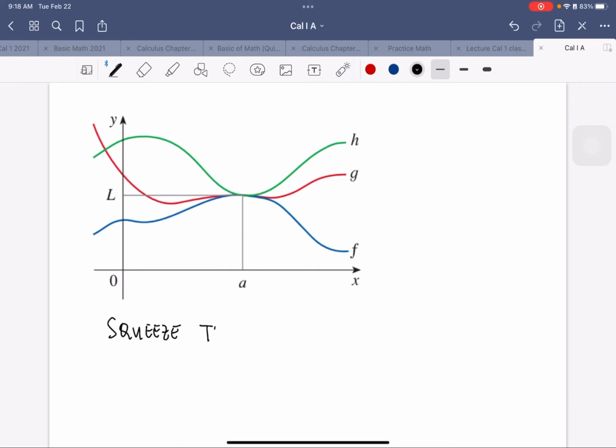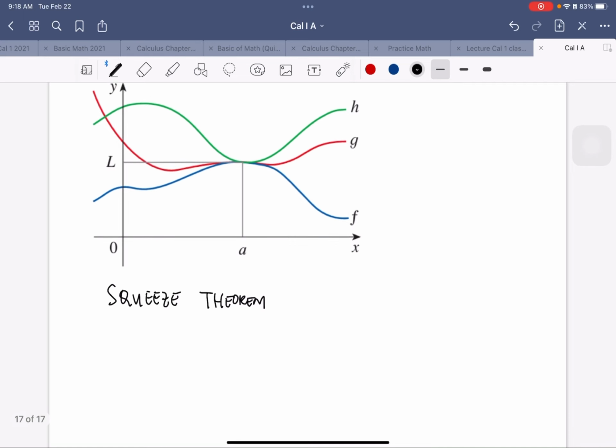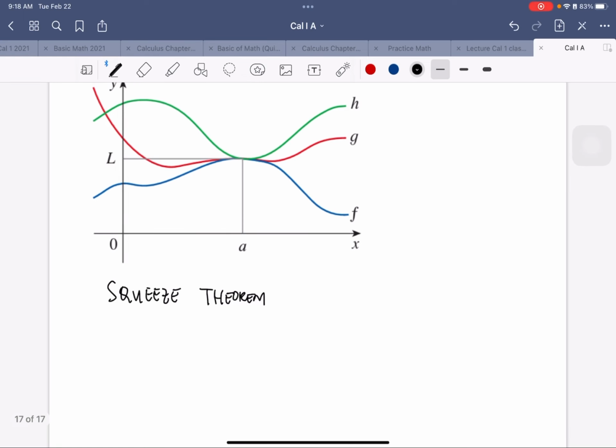It's called the squeeze theorem. First, we approach the theorem. Let's see the functions f and g. If we look at the functions, f of x is less than or equal to g.